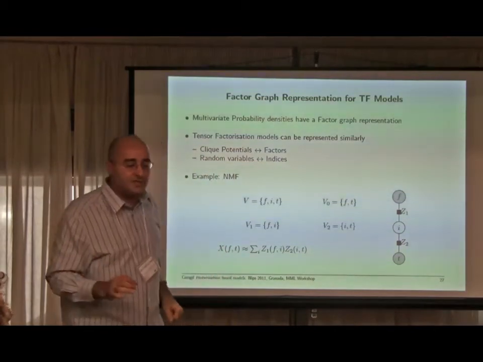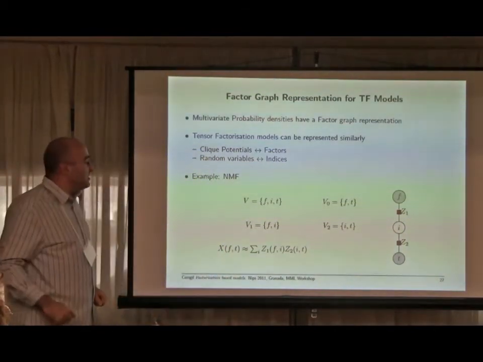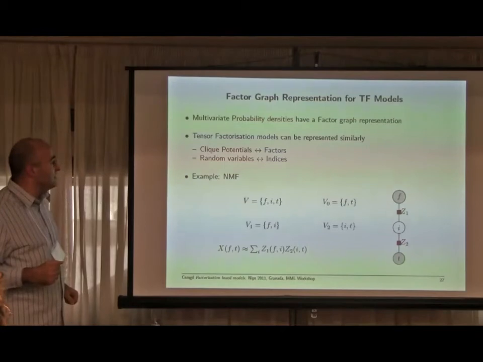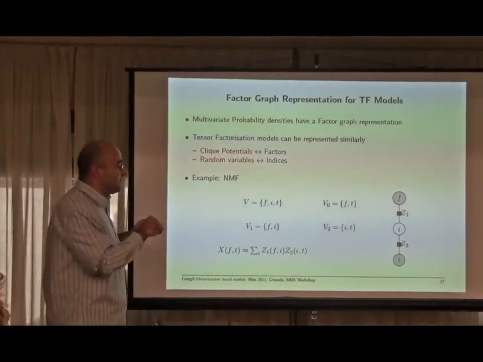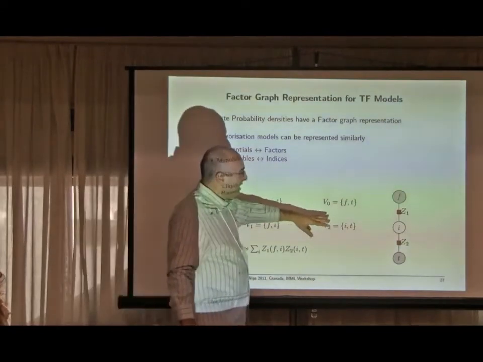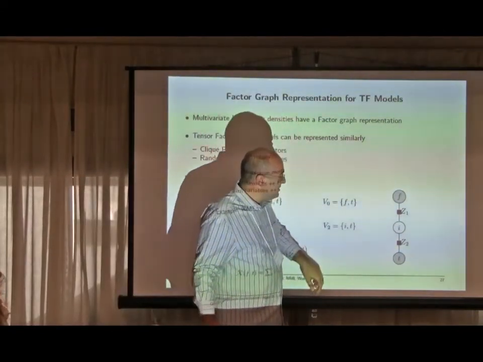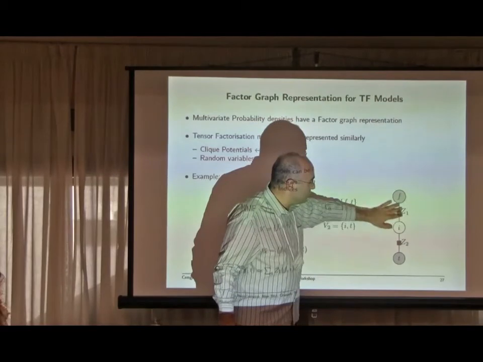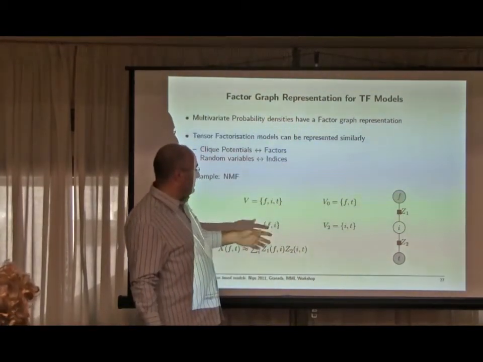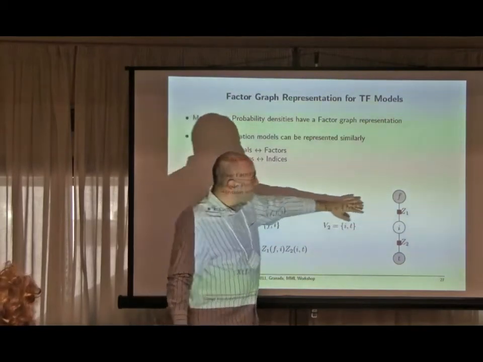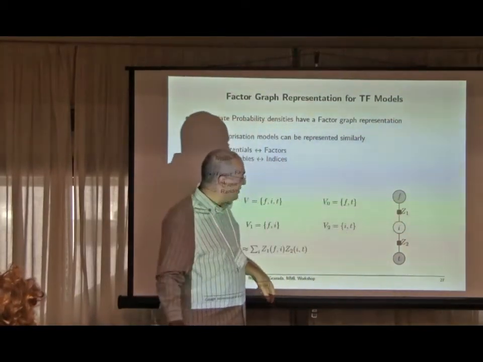The way we represent these models is very similar to graphical models. We apply the factor graph formalism, which is quite well used, in a slightly different setting. Instead of random variables, we now denote the particular indices, and the factors correspond to these black nodes. So Z1, remember, has the elements F and I, so those are connected to this particular factor.